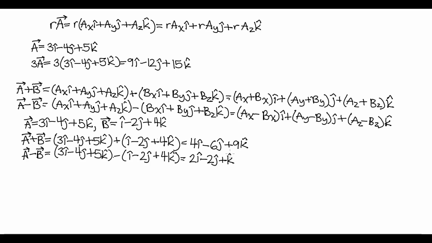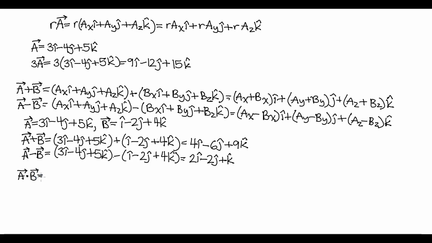Now, the dot product in unit vector notation is a bit different in that it's not as obvious what it is, but it's not that hard to remember. So if I were to take the dot product, this is the final operation we discussed prior to learning about unit vector notation.